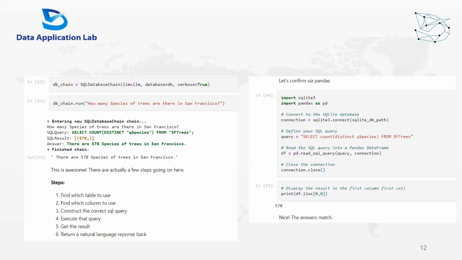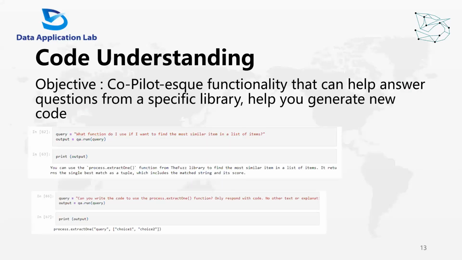So let's go to the next use case, code understanding. The objective is a Copilot-like functionality that can help us answer questions from a specific library and also help us generate new code. Here you see, first, actually two steps are missing here.